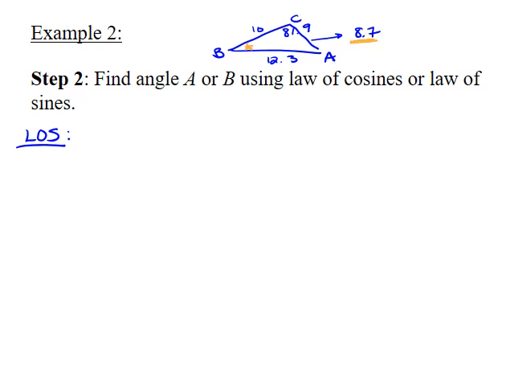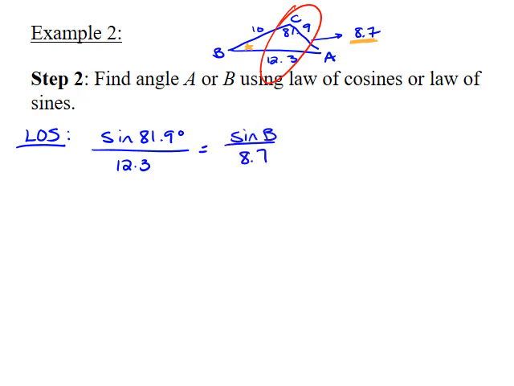So I'm going to find angle B using the law of sines. I also have to use this information here for my other ratio. So using that, I have sine of 81.9 degrees, and I'm going to try to use the exact value rather than the rounded value there, divided by 12.3 is equal to sine of B divided by 8.7.